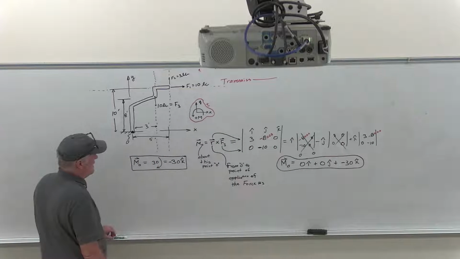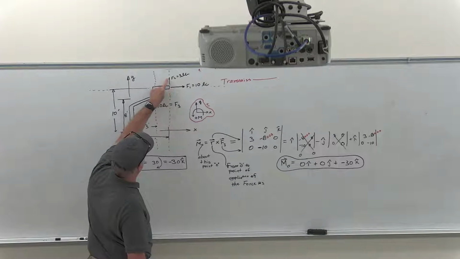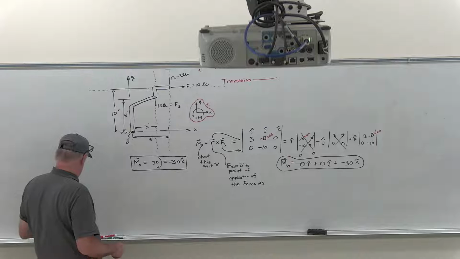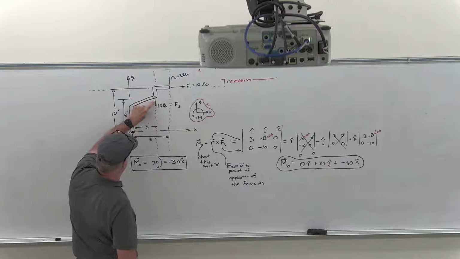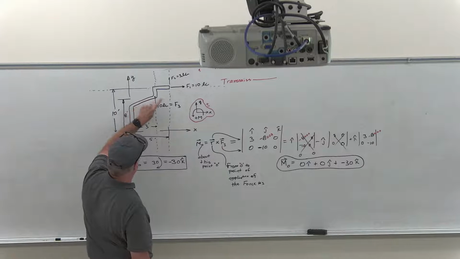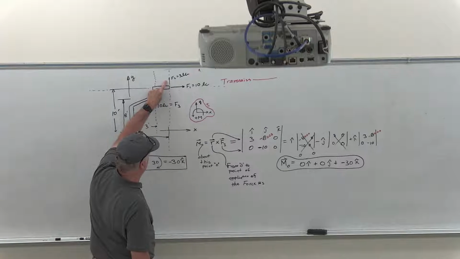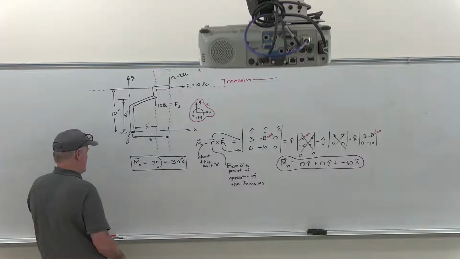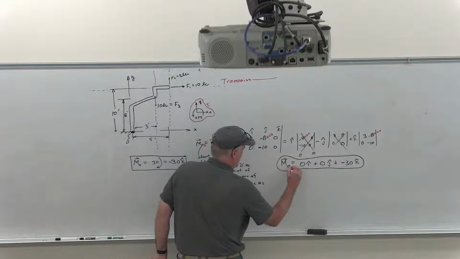So now that I have that, let's find the moment at O from 1 and 2, okay? If I want to know the total moment sitting at O, I have to add up the moment created from this one, the moment created from that one, and then the moment created from that one. So really, I should have a subscript here. This comes from 3.